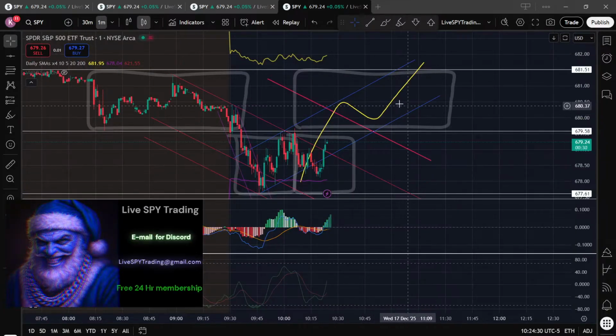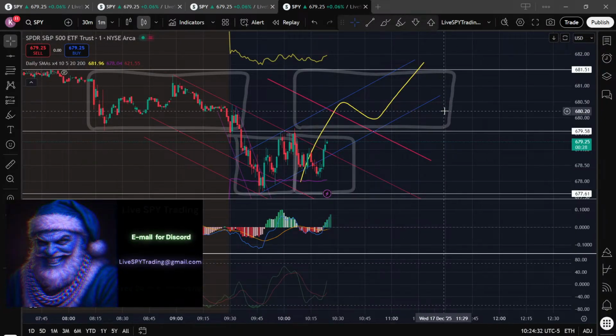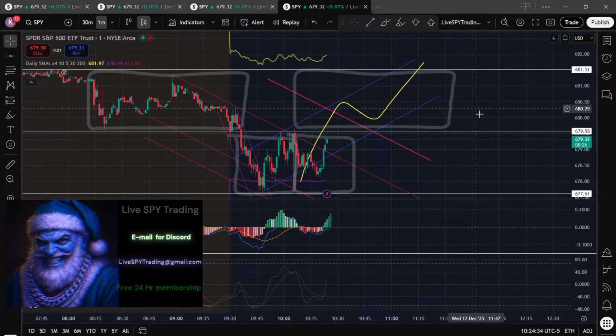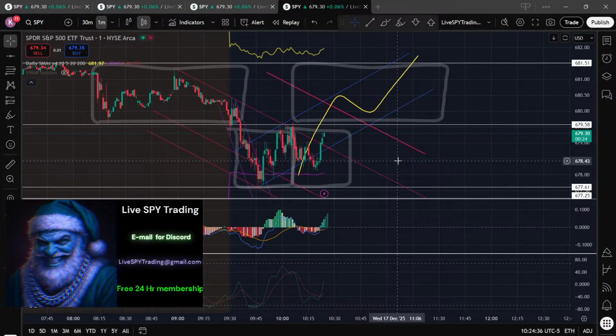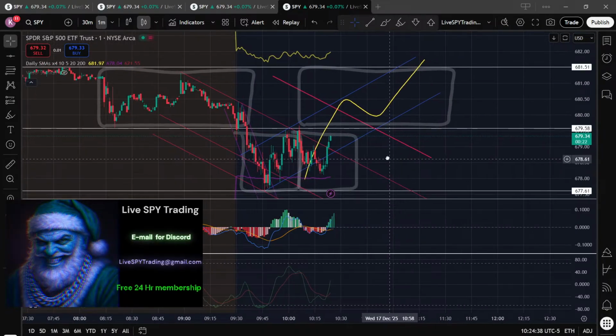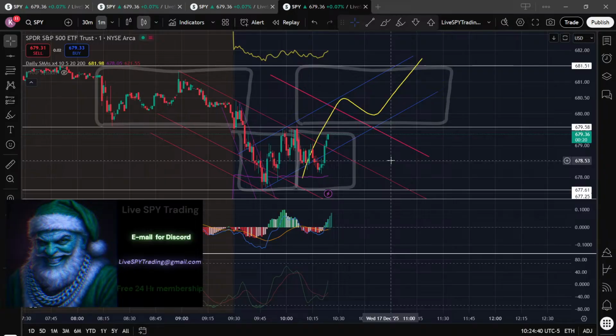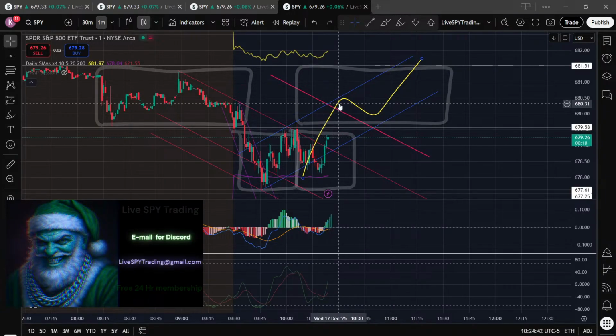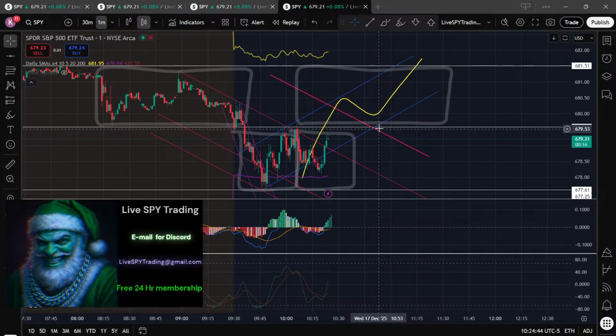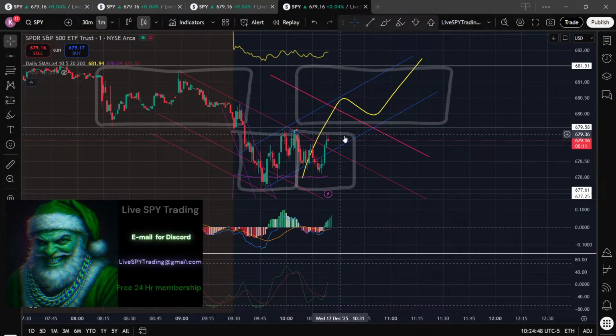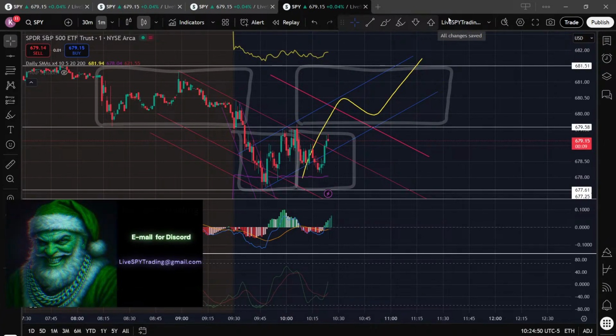Now remember, I don't know when this is going to happen. I just know what it needs to look like at the price, right? Now we want to break this liquidity, retest, right? We want to break this liquidity here, retest the liquidity here, and reject off the liquidity.